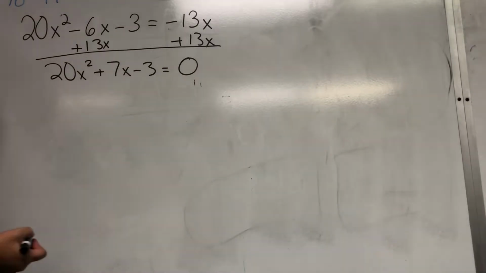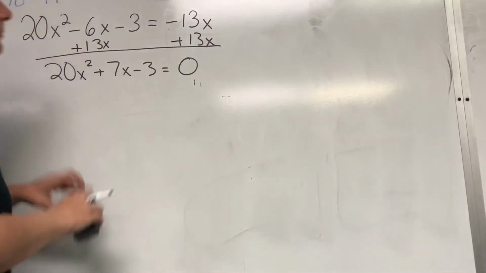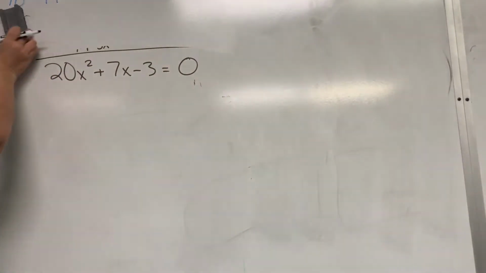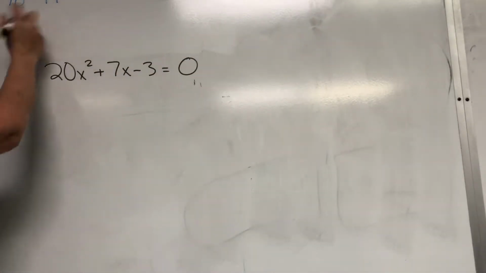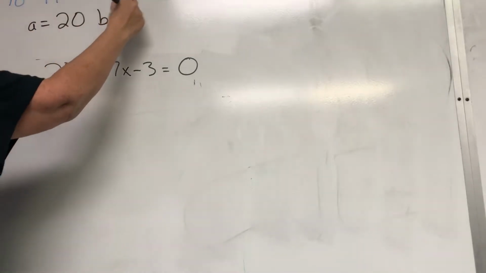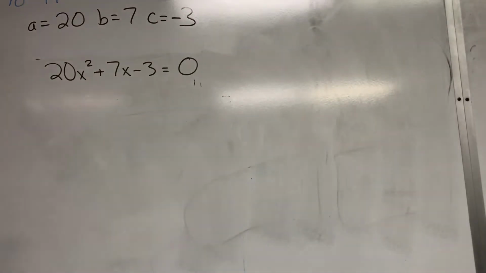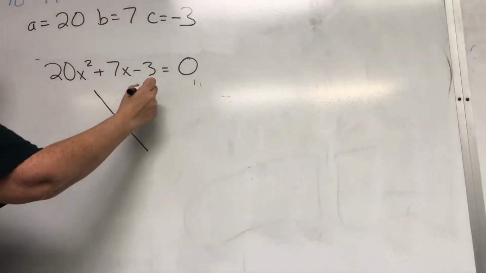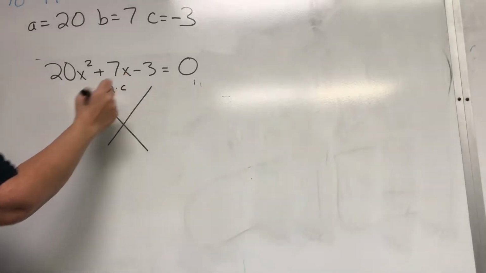I want to label my A equals, B equals, C equals. And then I'm going to draw a big X right below the equation.